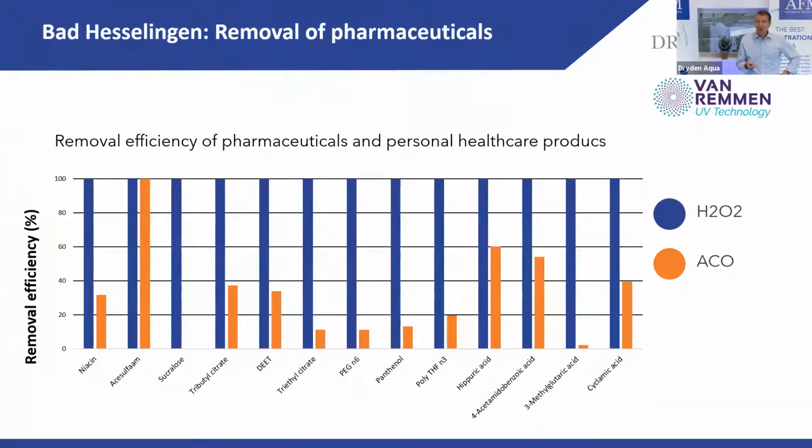We first started testing Advanox with UV only. So no peroxide, only UV, to see what it would do. You can see this in the orange bars. So it is able to take out or reduce a number of these chemicals. Don't ask me to pronounce these chemicals here, please, because I'm not able to do that.